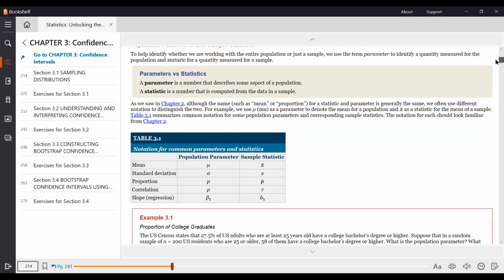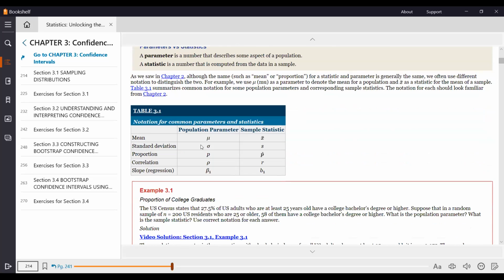There are certain symbols that we use to refer to parameters versus statistics. For example, the mean. We want to know something about the mean of a population. We use the Greek letter mu. It looks like a U, but it's called mu. We use X with a bar above it. We call it X bar, the sample mean. So different symbols are used for population parameters and sample statistics.